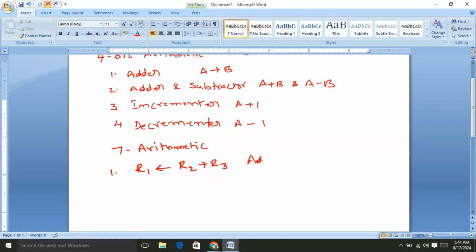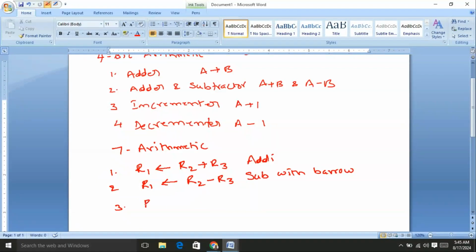This is known as addition. And the second one, R1 replaced with R2 minus R3. We may call this operation subtraction with borrow, because in digital circuits subtraction is performed like that.